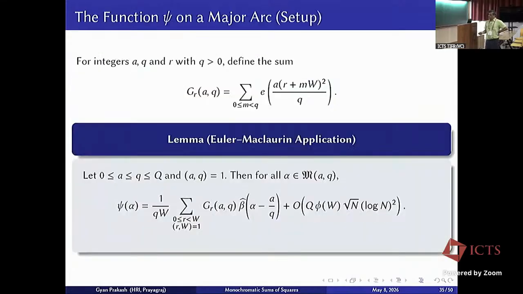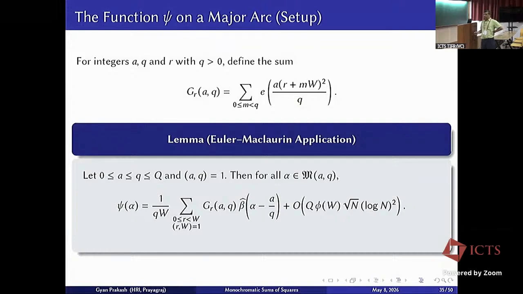Now comes the really interesting part. A priori, this G(a/q) is varying over all the q less than or equal to capital Q. But now we will see that actually this is essentially not varying, only for q dividing 2W. When q does not divide 2W, either this sum is 0 or too small.